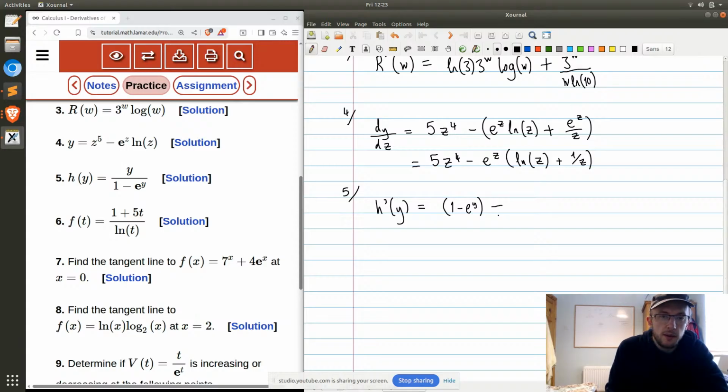Differentiate the bottom, leave the top alone. So when we do that, we get minus e to the y, so minus e to the y times y, so minus y e to the y. So plus y e to the y. And then square the bottom.